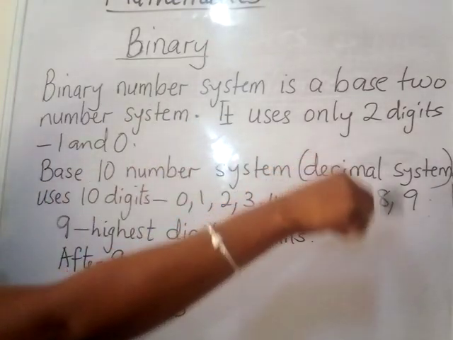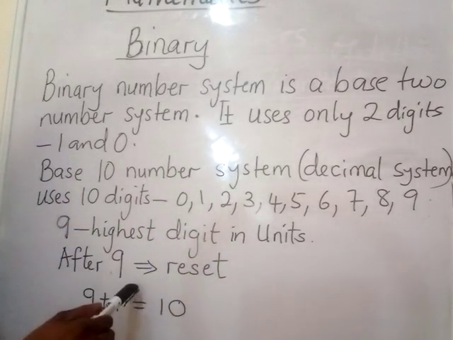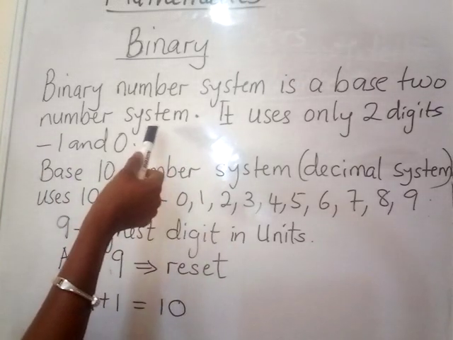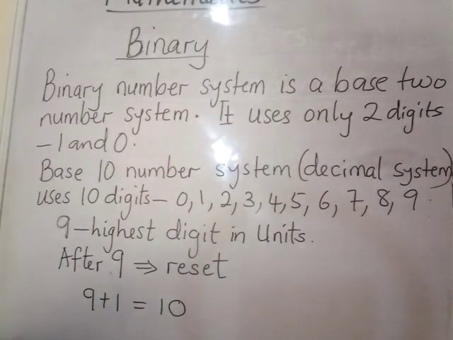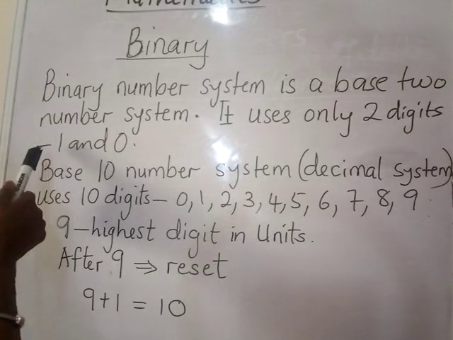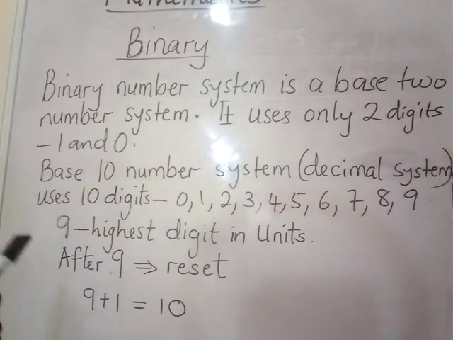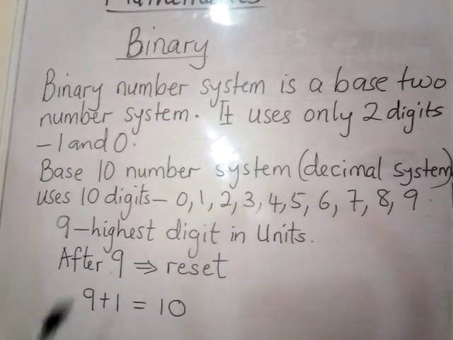Since we are already familiar with the base 10 number system, we're going to start from here so that we're able to gain a good understanding of the binary number system and how it works. Remember I mentioned the binary system uses 2 digits only, and the digits are 1 and 0. 1 and 0 are the only 2 digits used in this binary system of numbering.